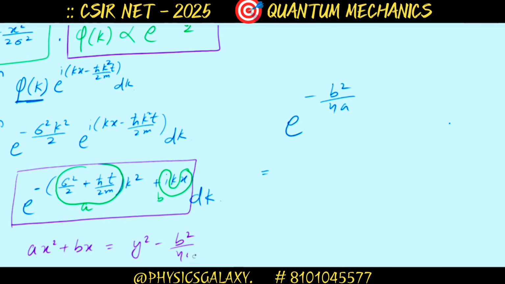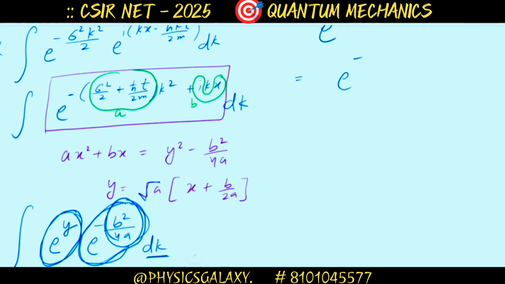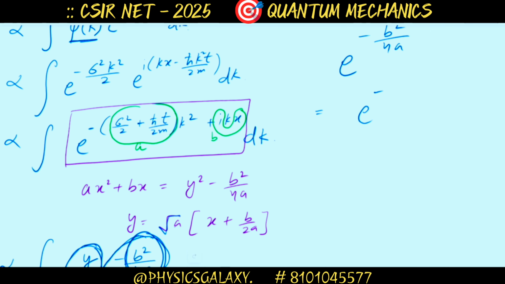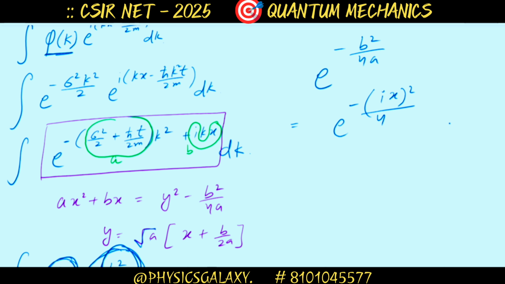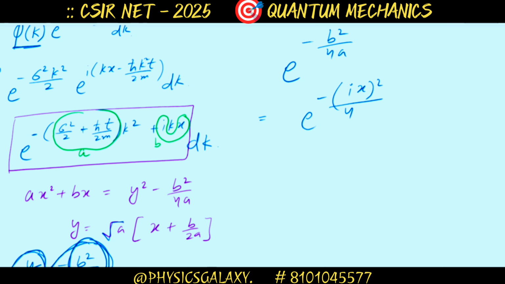Equal to e to the power minus, what is b square, b is this, so that is minus iota x whole square by 4, and a is this thing, sigma square by 2 plus h cut t by 2m.